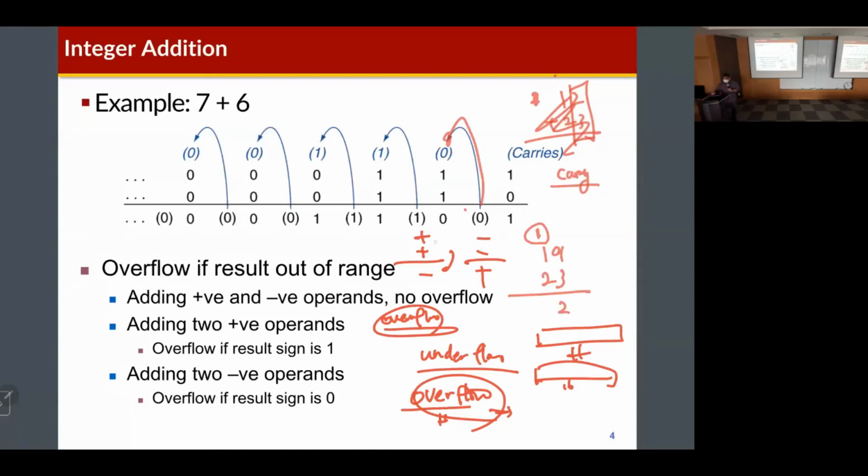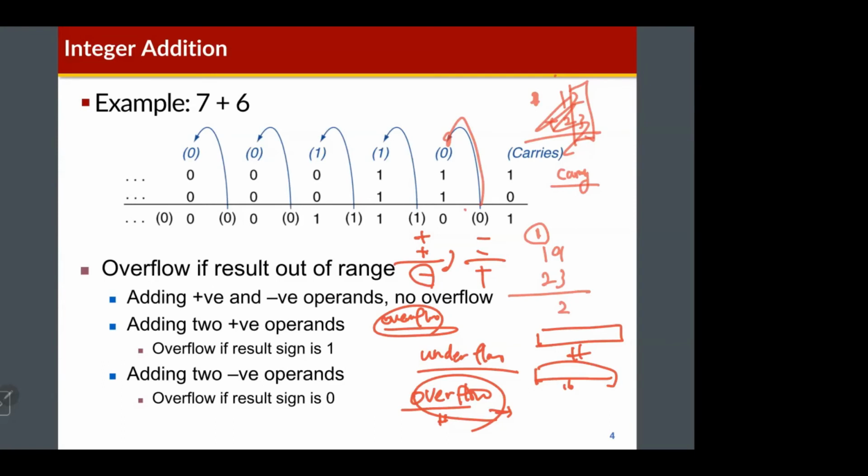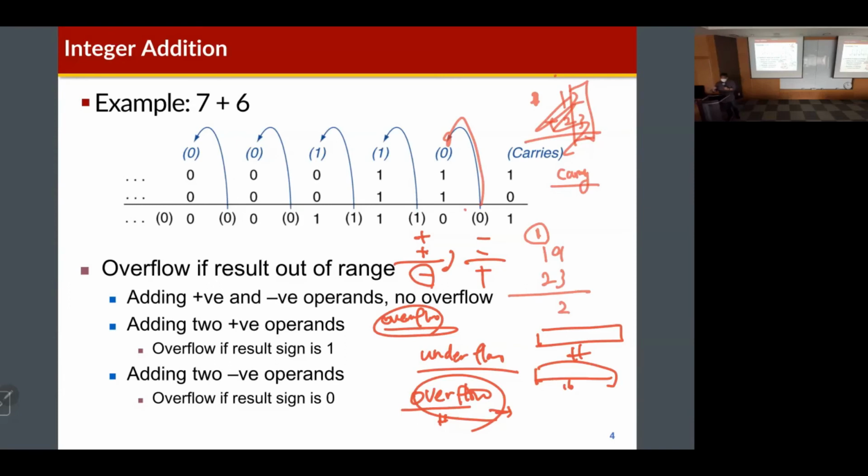So by comparing the signs of the two operands and the sign of the result, we can detect the overflow easily. And if overflow is detected, the computer hardware just reports this overflow error, kind of like an exception.